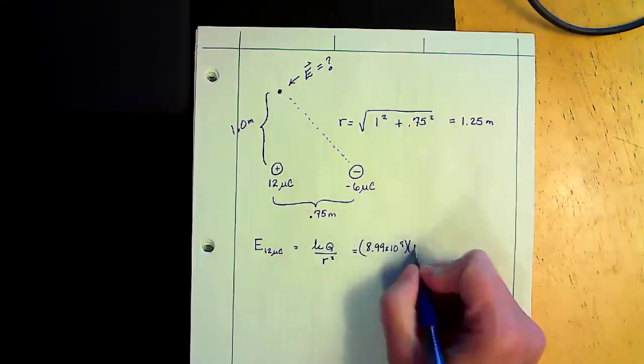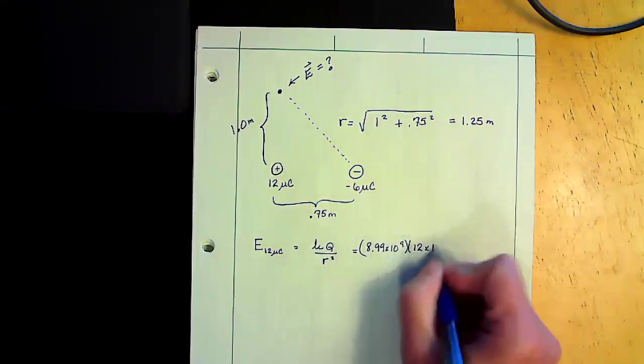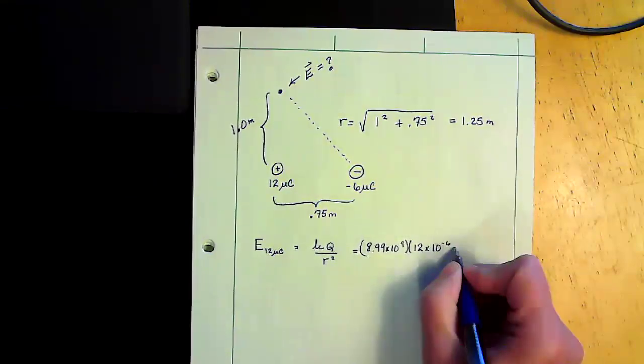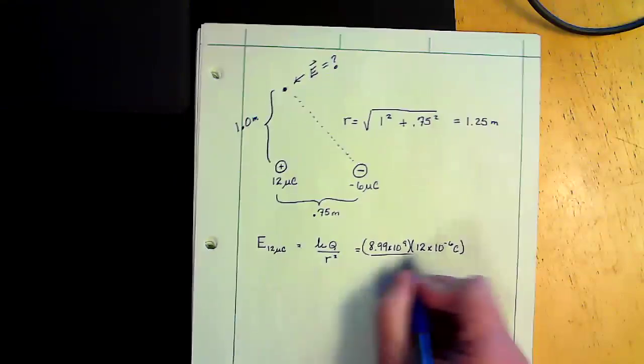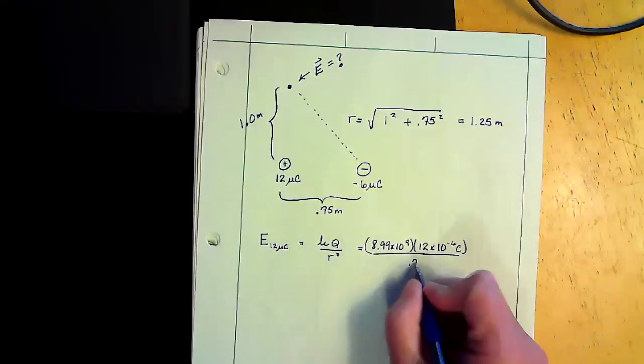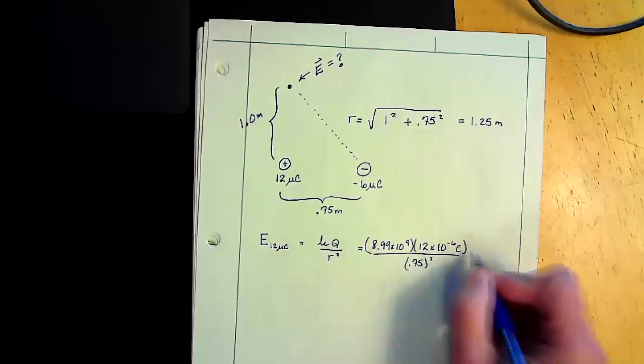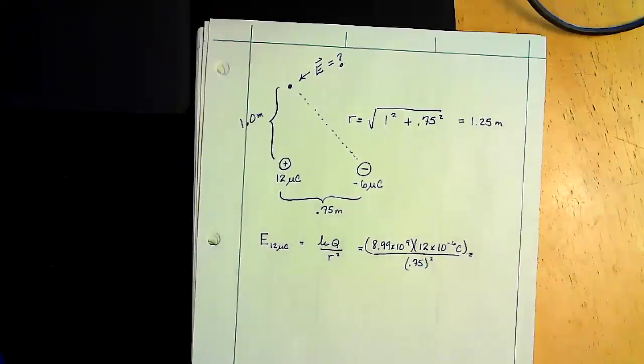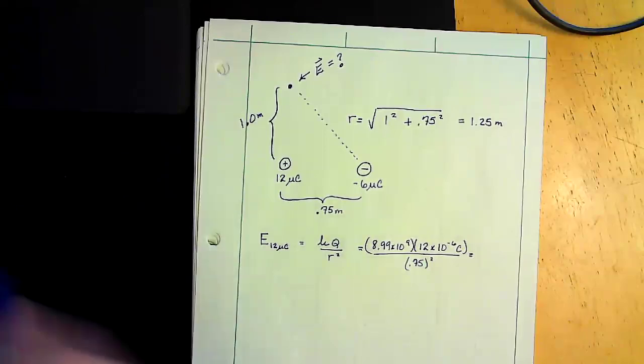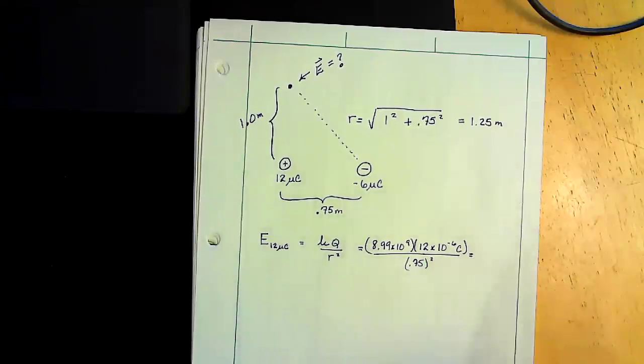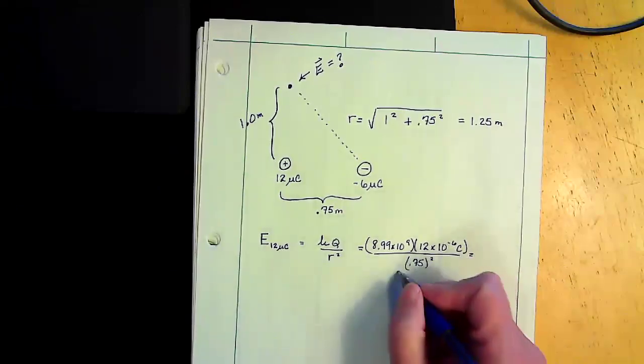And I have my 12 times 10 to the -6 coulombs divided by, oops, that's not 0.75 squared.